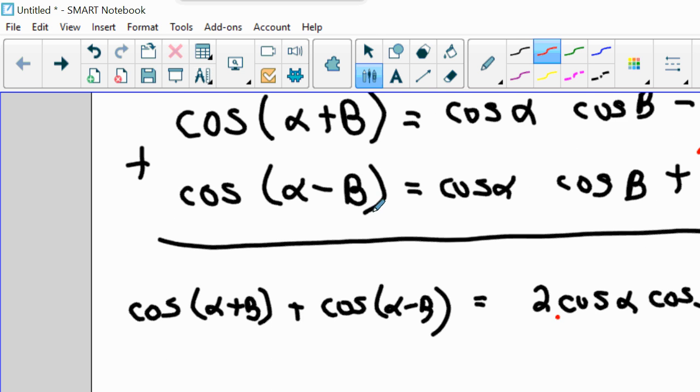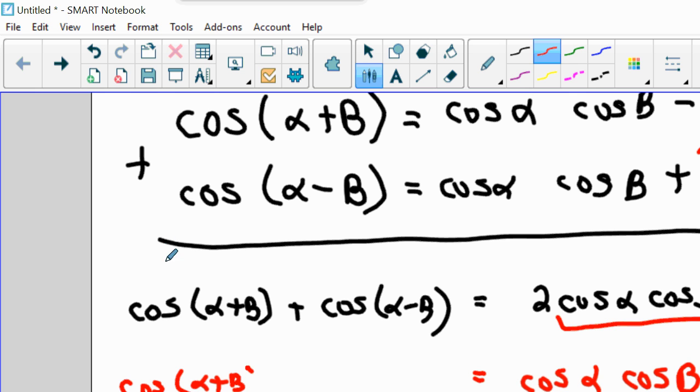So right here, this comes up a lot in math. So we get cosine alpha cosine beta equals cosine alpha plus beta plus cosine alpha minus beta times 1/2. And that's one of the 4 identities that I'm going to give you here.